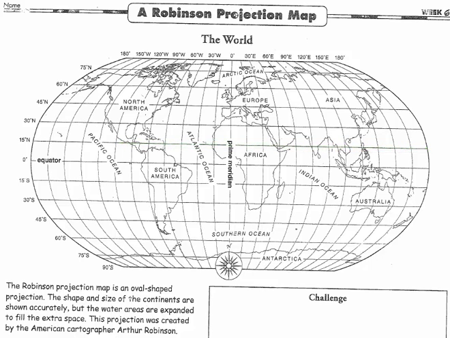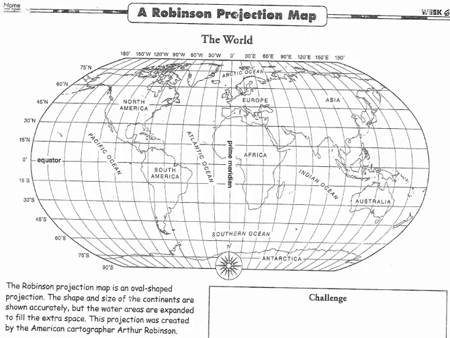Thursday, number 2, which continent includes the coordinates of 90 degrees south latitude and 30 degrees east longitude? I'm not going to give you too much help on this because by now you should easily be able to find 90 degrees south and 30 degrees east, put your finger where that is, and tell me the continent. We've talked about this several times over several weeks.